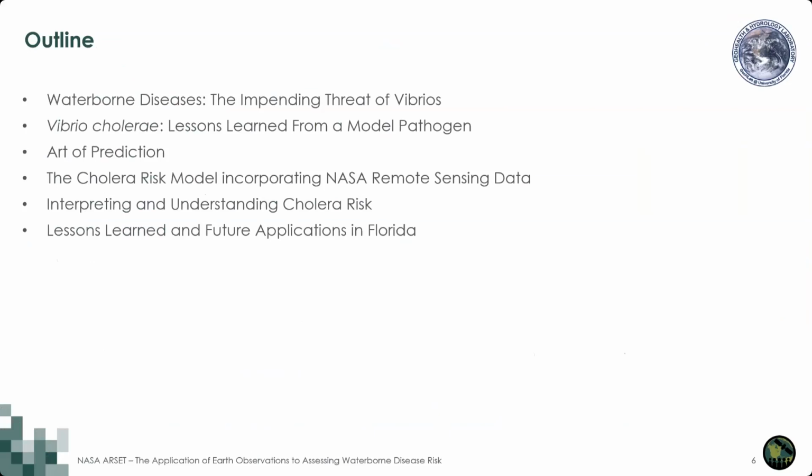Rather, we have devised a new methodology where the risk is based on the geographical location and the availability of water and then water quality. And then we will look into some of the lessons learned from this technology, and then the applications in the Gulf Coast near Florida.